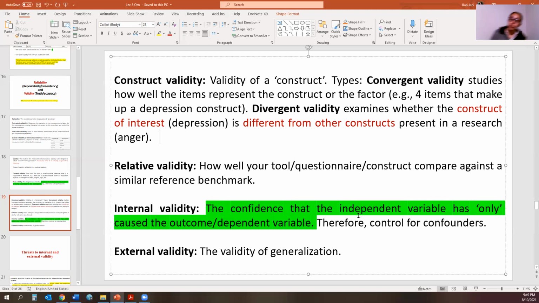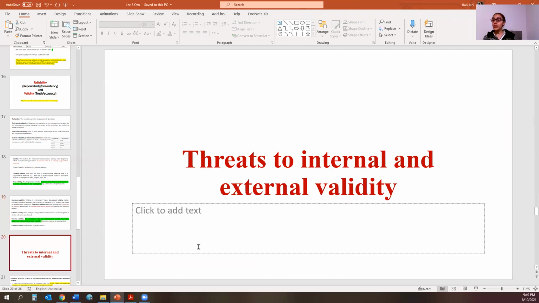All right. So yes, there are instances in which you can make these strong claims. But for that, you need to have a very, very rigorous study design. Okay, so that's your external validity. So now, threats to internal and external validity, meaning what are the things which may weaken your internal and external validity.